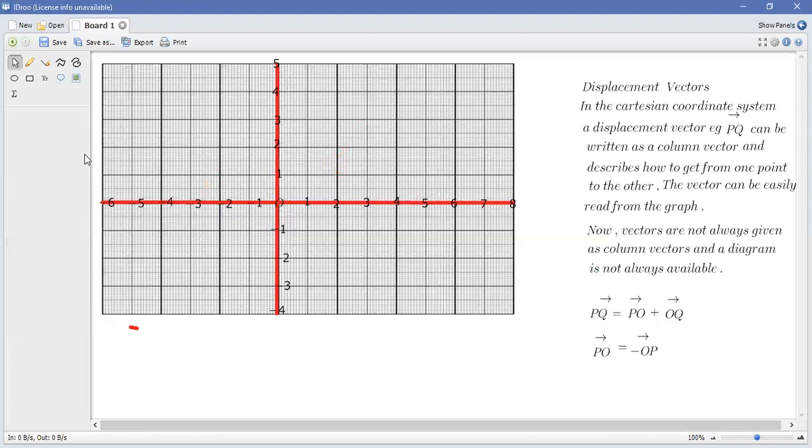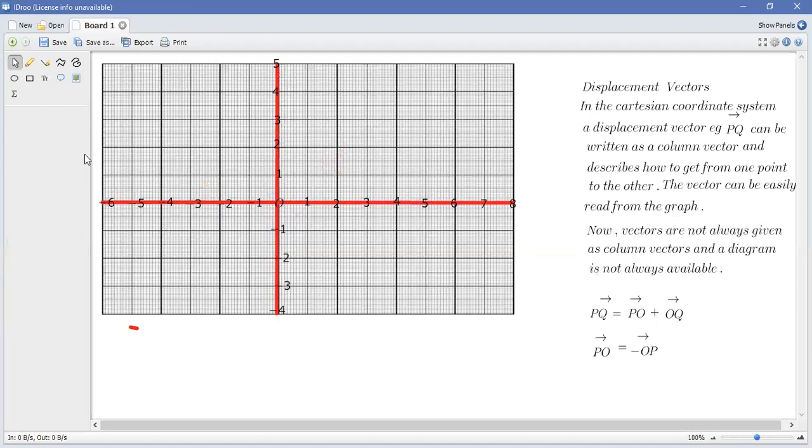Now, please note, to get a displacement vector, you must have two position vectors. And question, what do we use to identify a position vector? Anybody tell me?